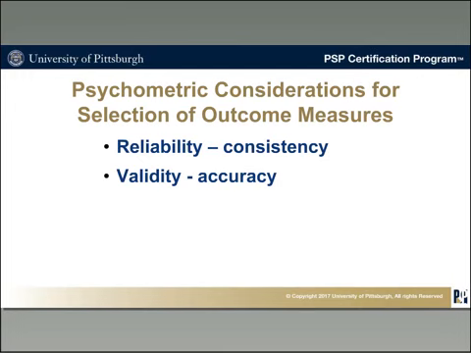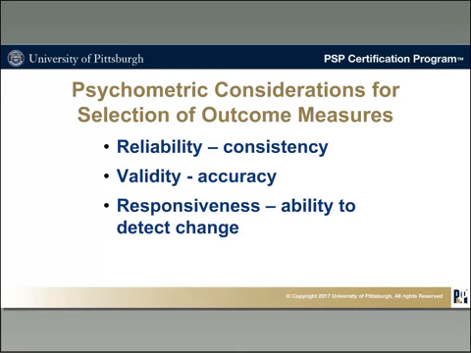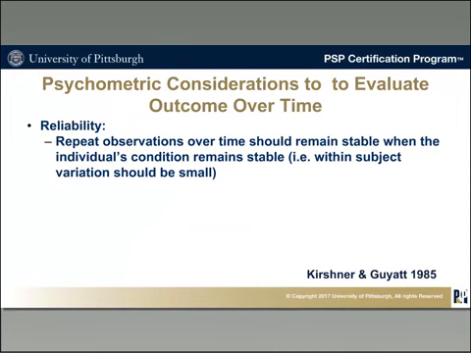Validity is accuracy. Is the score really measuring what you're intending to measure? And responsiveness is the ability to detect change. And this is what we want with our outcome measures, to evaluate the change of the individual over time. And we need evidence that that measure is indeed responsive.